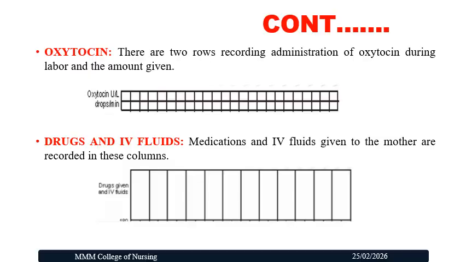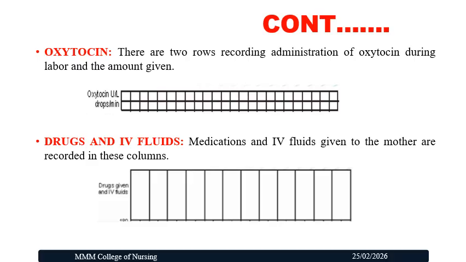Coming on to the oxytocin. Under the contraction, the medications and the IV fluids the mother receives have to be written here. For oxytocin, there are 2 rows regarding administration of oxytocin during the labor process, and the amount we are giving, the drops per minute, how much you are increasing.